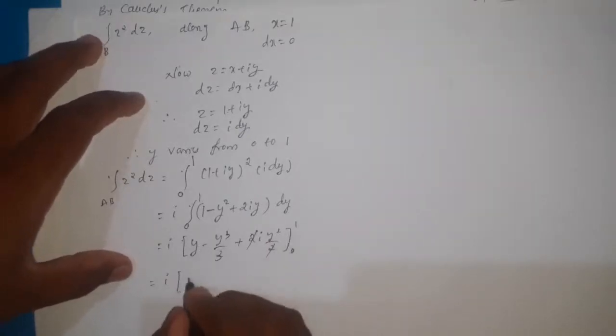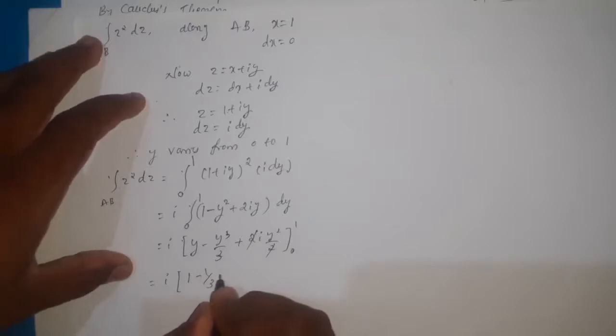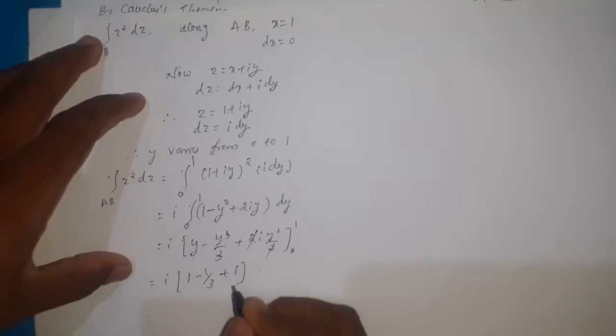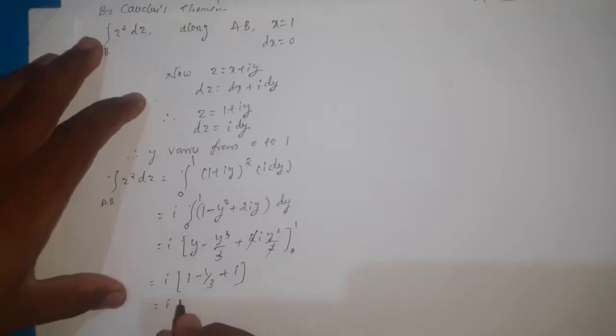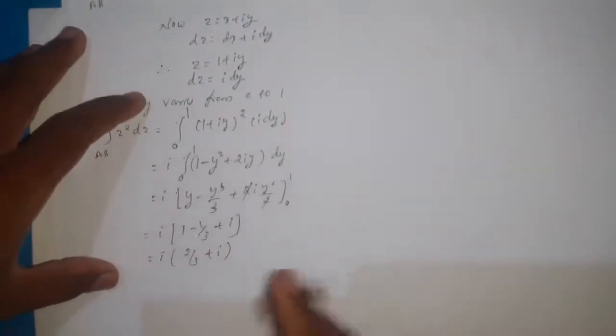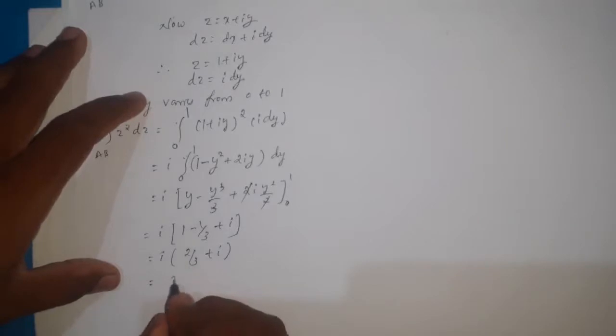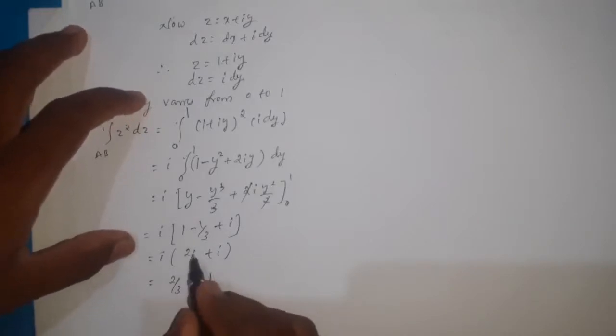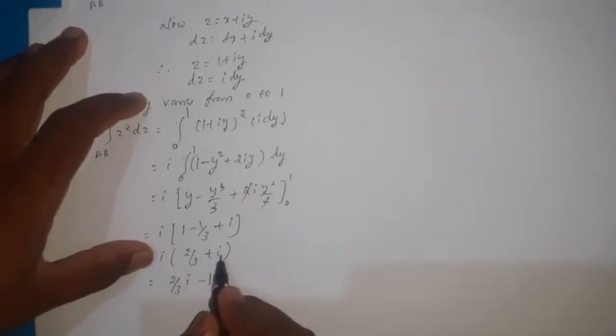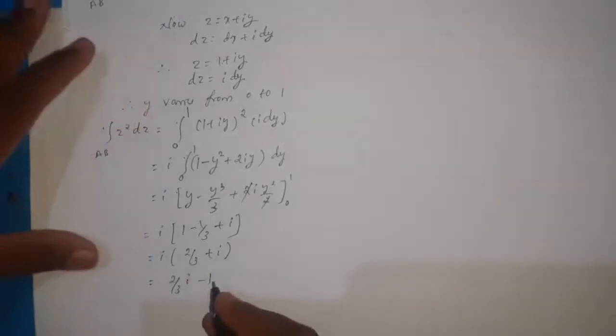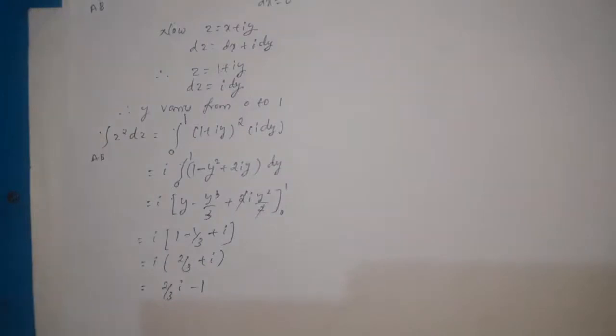So for y equal to 1, this is 1 by 3 plus I. This is equal to I into 2 by 3 plus I, which is equal to 2 by 3i minus 1, because I into 2 by 3, I into I is I square, is minus 1. So it is the second one.